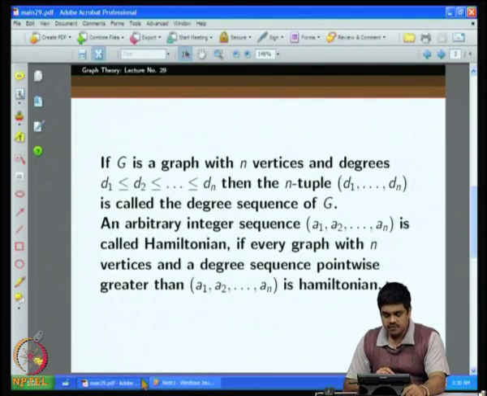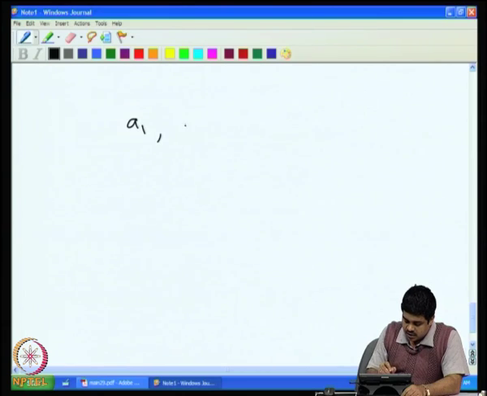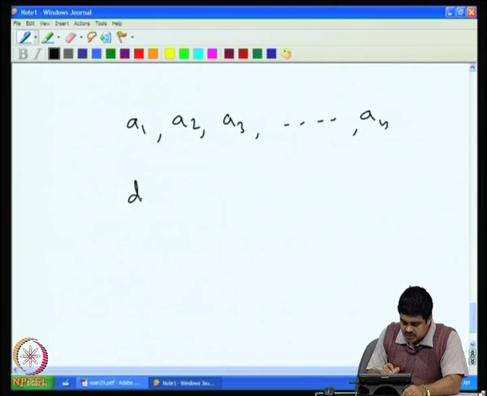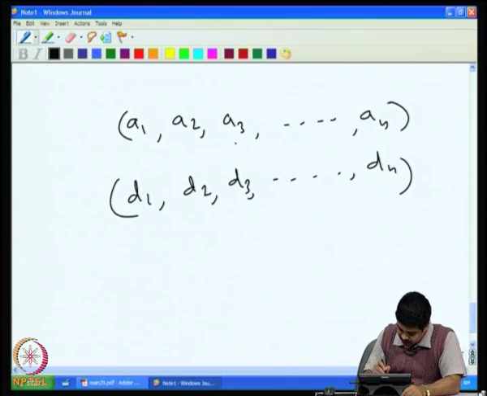Now, suppose we are given a degree sequence a1, a2, a3, up to an, so n numbers, some of which may be repeating. We say that another degree sequence d1, d2, d3, up to dn is pointwise greater than the first degree sequence if for each i, ai is less than or equal to di.